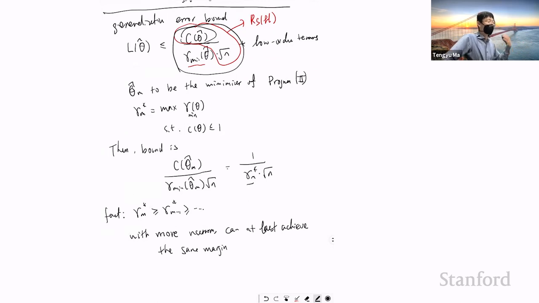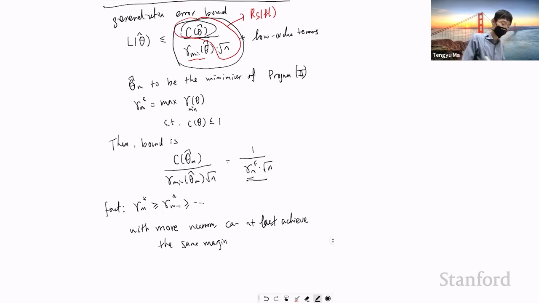But having more neurons gives you additional flexibility. You could change your neurons more cleverly instead of just adding a dummy neuron. That's why adding one more neuron will potentially make your margin bigger. So at least you never get the margin smaller by adding neurons.